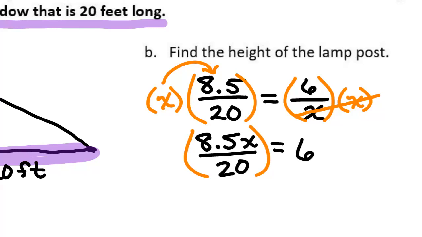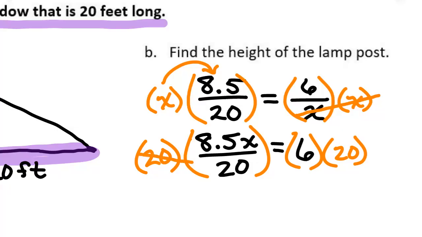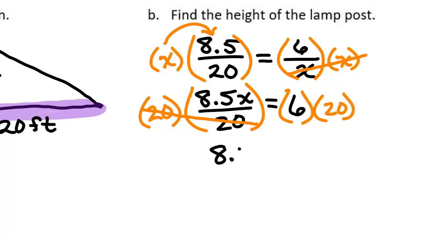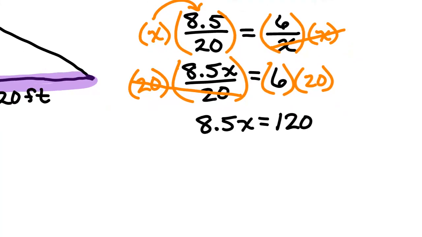And then I multiply both sides by the other denominator of 20. Cancels my denominator here on the left. So on the left, the only thing I have remaining is 8.5x, bless you. And over on the right, we do 6 times 20. So I get 120. And then we divide both sides by 8.5.